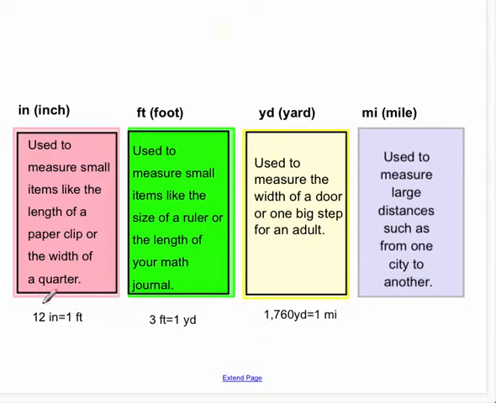It would take 12 inches to get up to the next measurement of 1 foot. It would take 3 feet to get to the next unit of measurement, which is a yard. And it would take 1,760 of these yards to get up to the biggest measurement here, which is a mile.